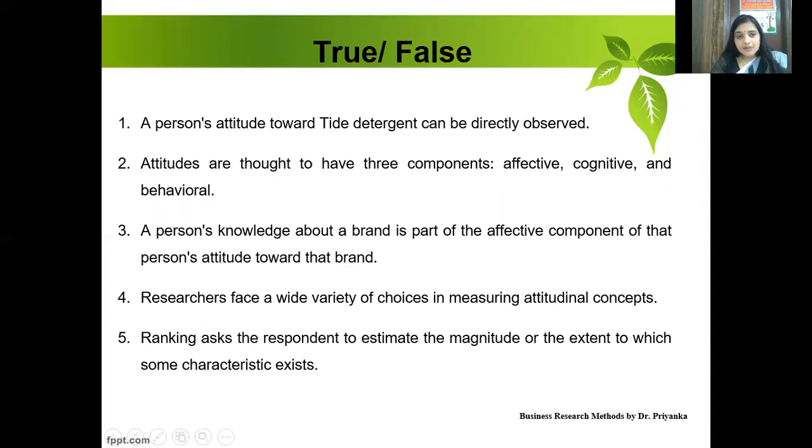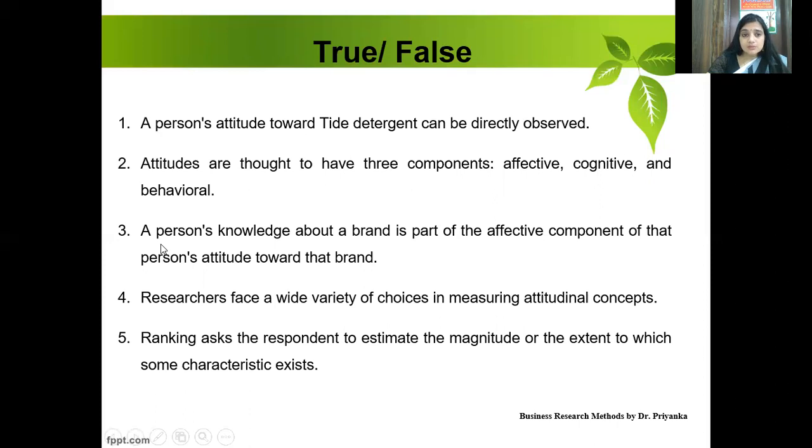Is it? Yes. A person's knowledge about a brand is part of the affective component of that person's attitude toward that brand. Is it? The cognitive component represents a person's awareness and knowledge. Affective represents your feelings. So when it comes to a person's knowledge, we are talking about the cognitive component of attitude.